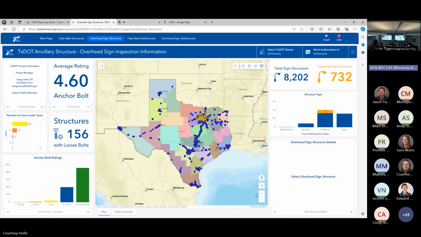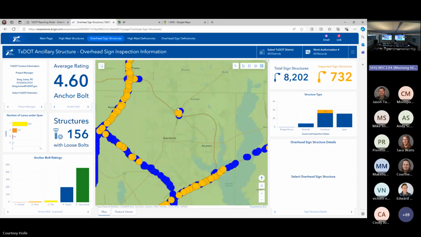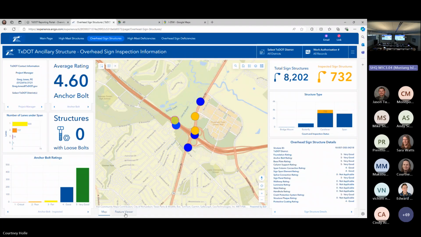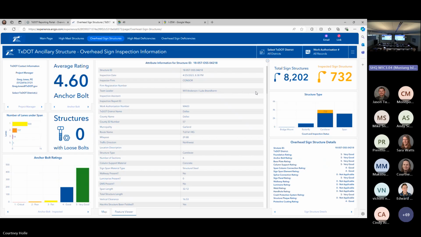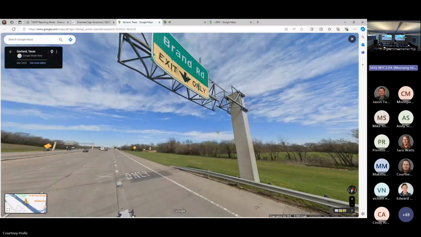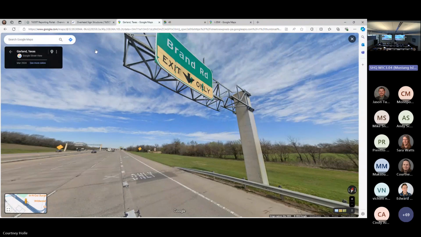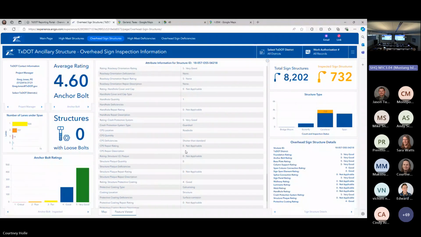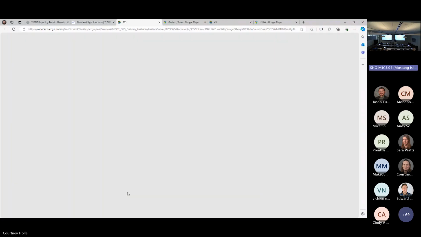In the same way, we can zoom in and pick a pole. There it is. There's the Google map for it. You can also pull up the LiDAR data, and we can pull up the inspection report.